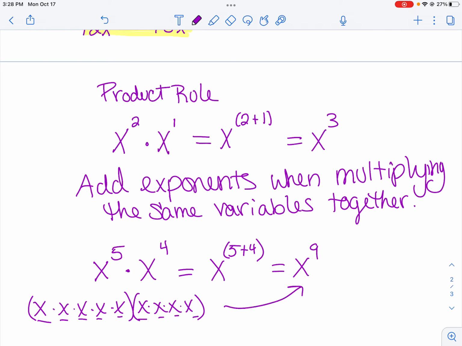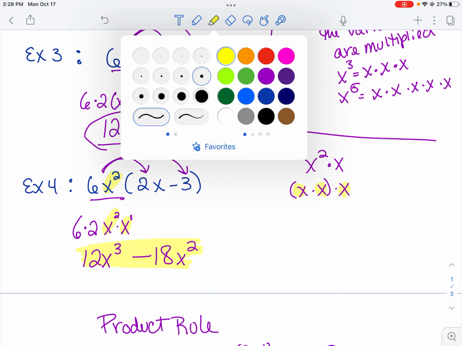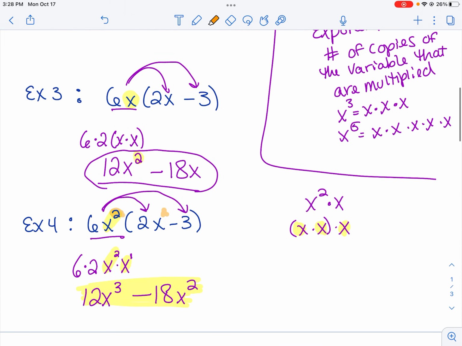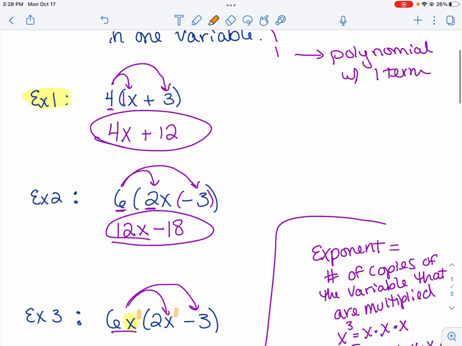Okay, so rather than having to write this out each time, it's a little cumbersome, we can add these exponents to figure out how many we have. And that's technically what you're doing here, right? We have x to the 2nd, and here there's imaginary x to the 1st, so together that's 3. Here there's 2 imaginary powers of 1, so when you add those up, you get x to the 2nd, okay? So anytime you're multiplying variables, you add your exponents, otherwise the distributing is the same.